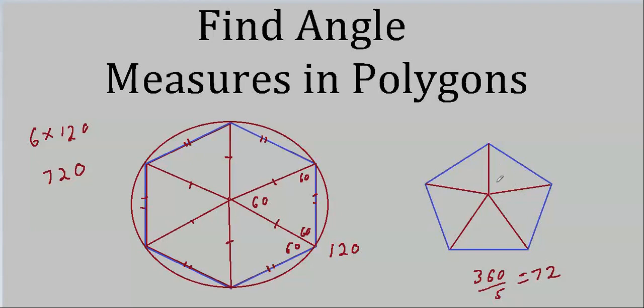That means this angle here is 72 degrees. Well, these two angles have to add up to 180 minus 72, which is 108. Divided by 2 is 54.